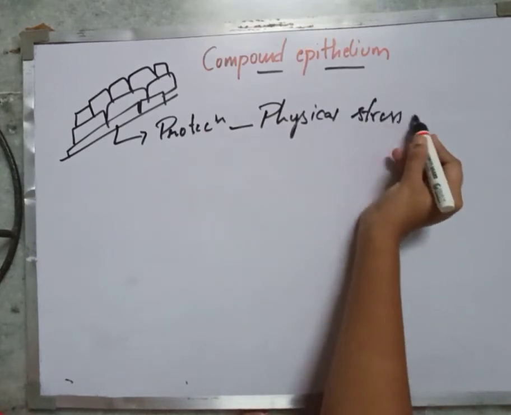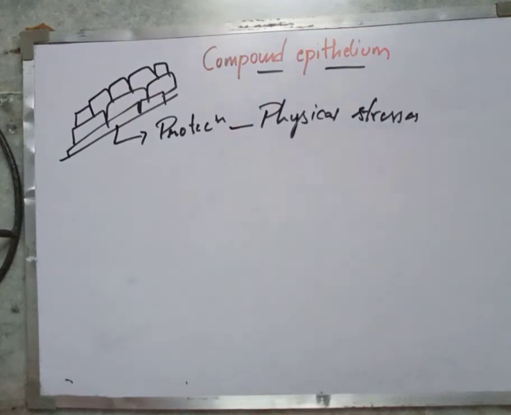So this is the important function of compound epithelium, and it is useful for protection. This compound epithelium is mainly of three types.